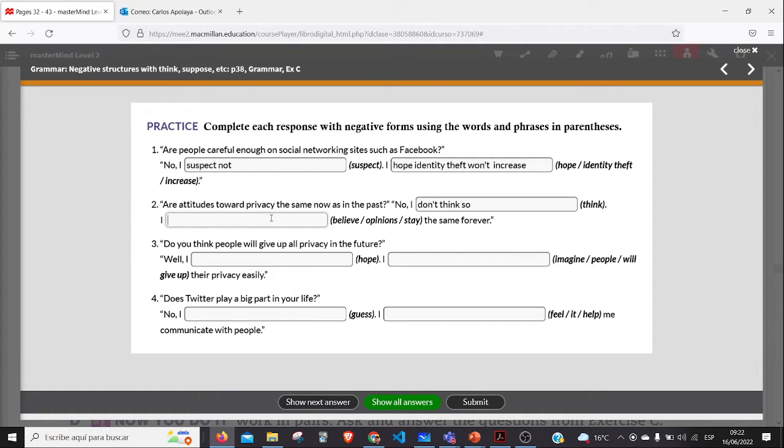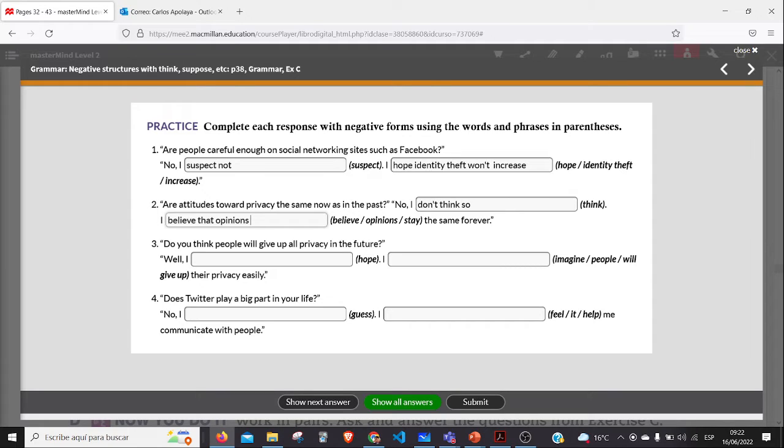When you have I believe, yes, I believe that opinions, no? Yes, you can omit that if you want. I believe opinions. And then the verb stays the same forever.